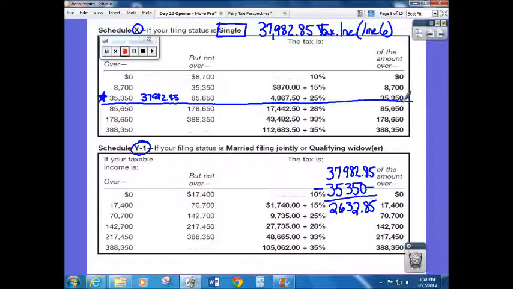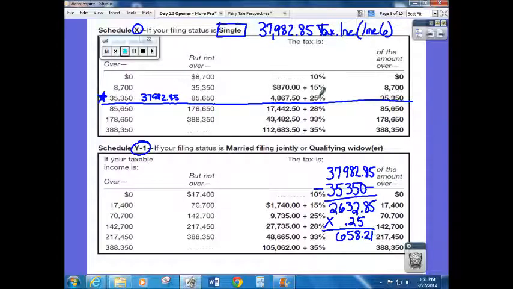What are we supposed to do with that amount? We're supposed to take 25% of it. So to get 25% of that, we multiply it by 0.25, which gives us $658.21.